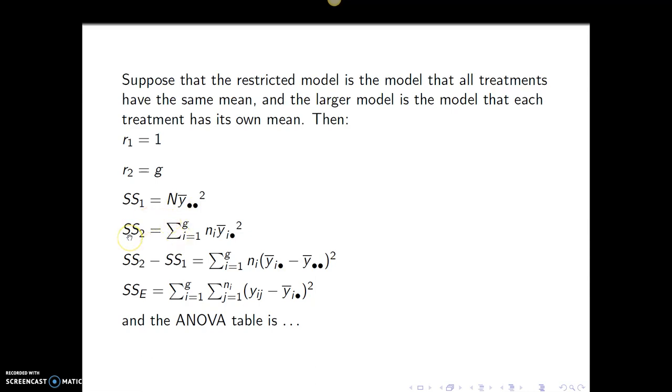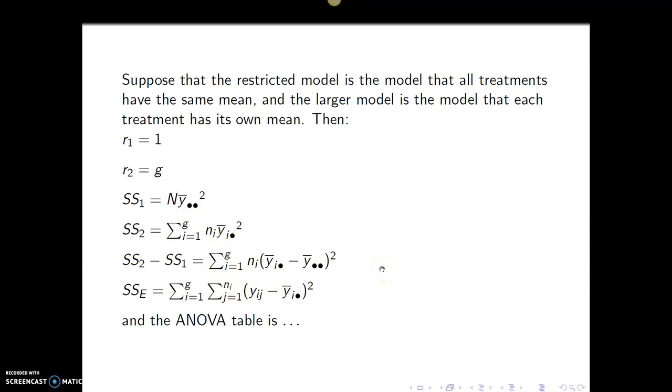Then we get SS2, which is going to sum over each treatment mean squared, weighted by its sample size in that group. So the difference between SS2 and SS1, a little bit of algebra would show that if you take this and subtract this, you can get it into this form.